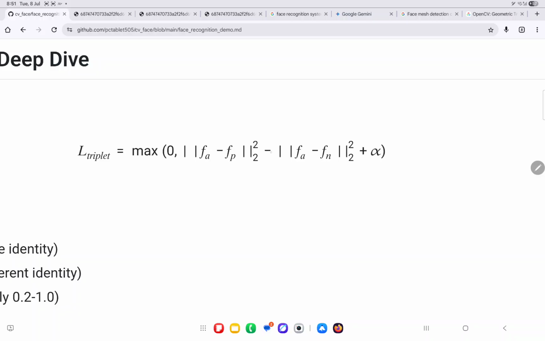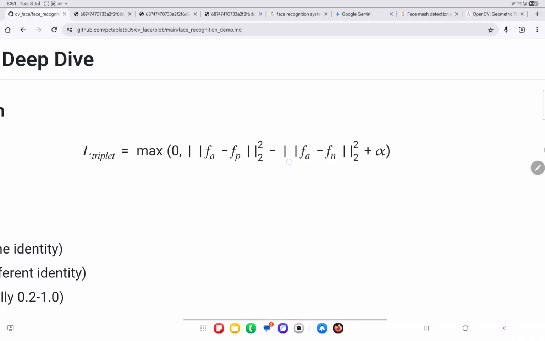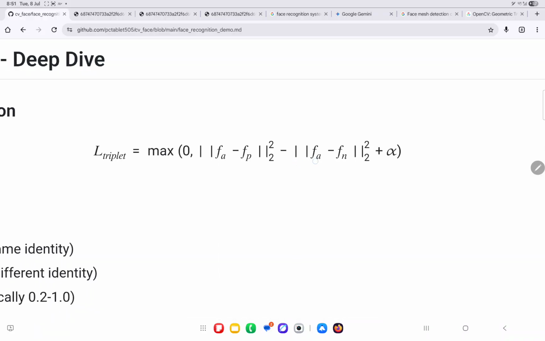This subtraction is actually done to minimize the similarity between... let me write here.